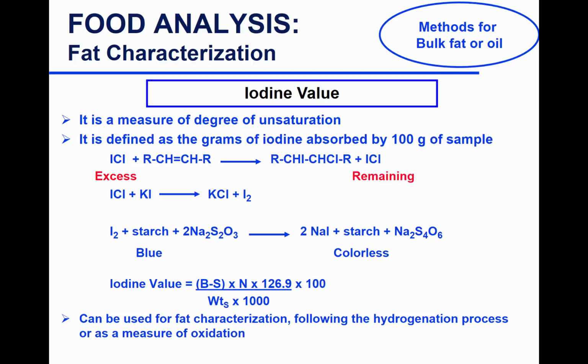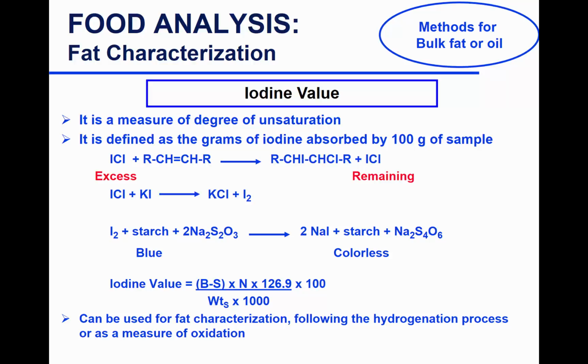Okay, so methods for bulk fat and oil. We'll start with iodine value, and like I said, it's a measure of degree of unsaturation. So what you need to know is everything on this slide. It's very important that you know that the iodine value is grams of iodine per 100 grams of sample.